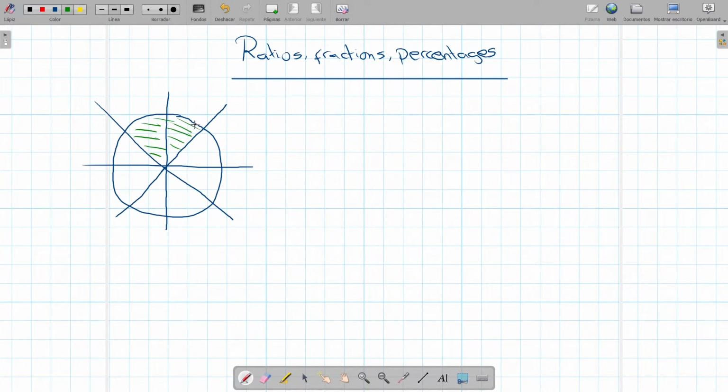If we wanted to express things as a fraction, we're going to express the slices we've eaten and the slices we haven't.